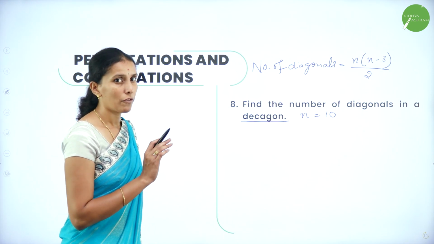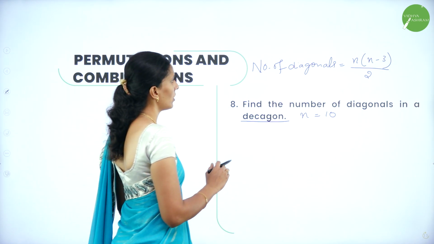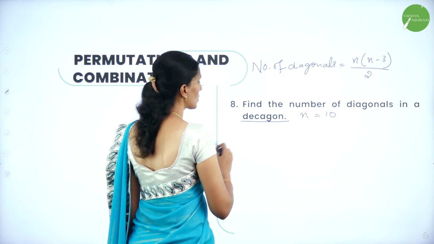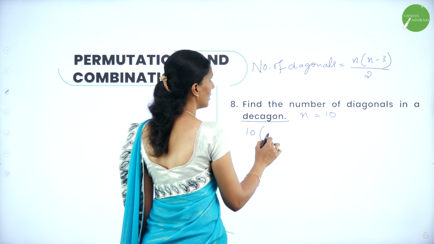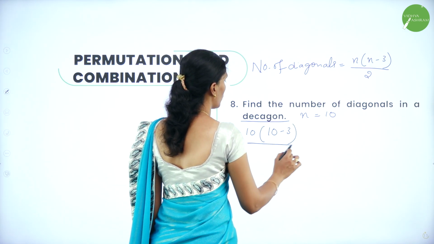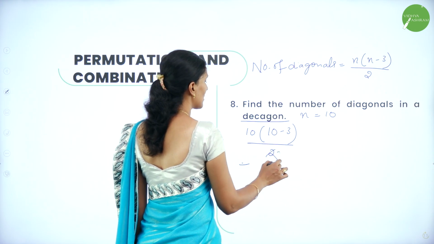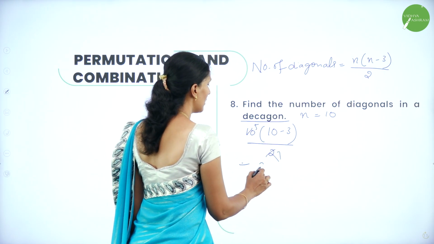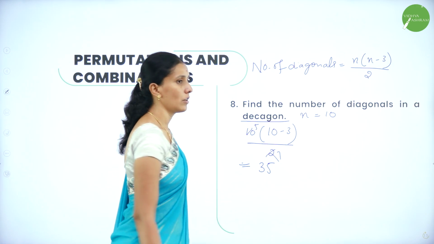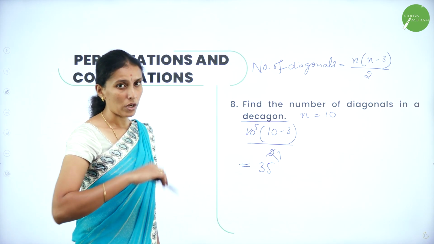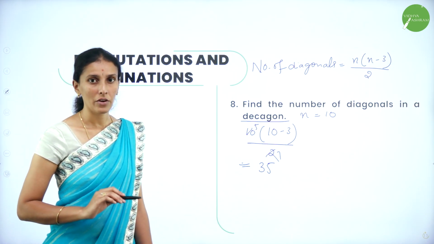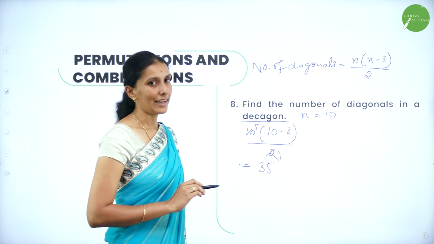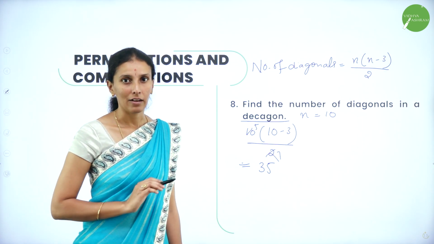You should know some of the polygons. Therefore the number of diagonals for this question is 10 into 10 minus 3 by 2. That is 5 sevens are 35 diagonals you can draw inside the decagon.